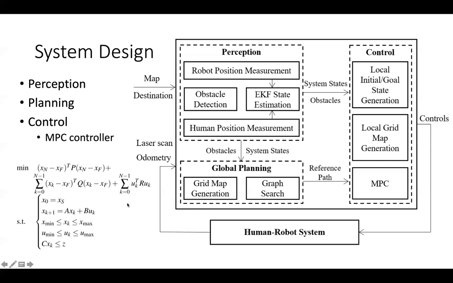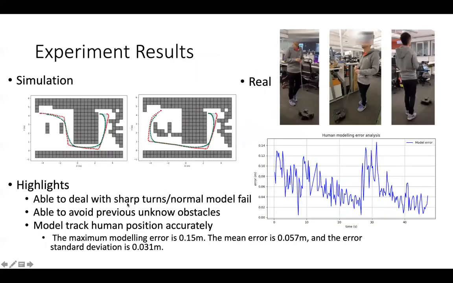Then I'd like to share our experiment results. We have simulation and real. In simulation, we have a simple room, and the start point is at the top right. The red dot represents the robot, and the green dot represents the person, and their connection is rigid. So this is the start point, and this is the end point.